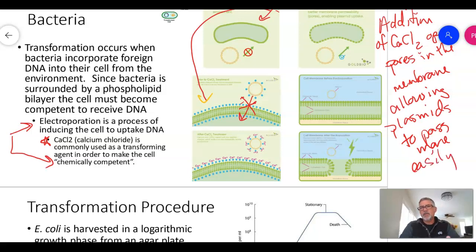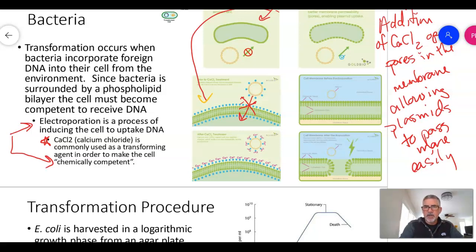Right. So if I add calcium chloride, what it does is it makes the cell competent by introducing pores or holes. Right. So when I add calcium chloride, now the calcium ions are attaching to some of the negative sites on those plasma membranes.